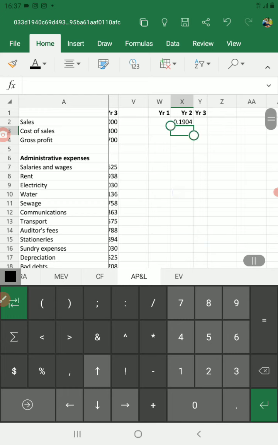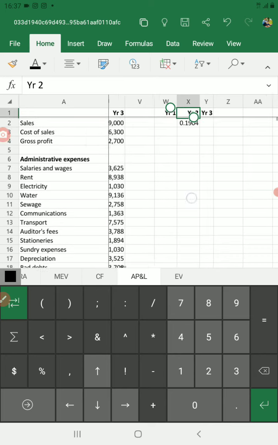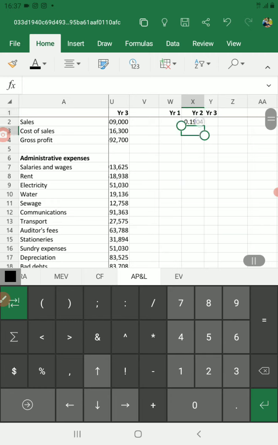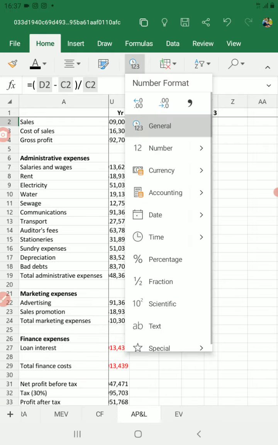And the other one, which is the simplest, is the one that we are going to use now. Before I type it, let me put this in percentage terms.